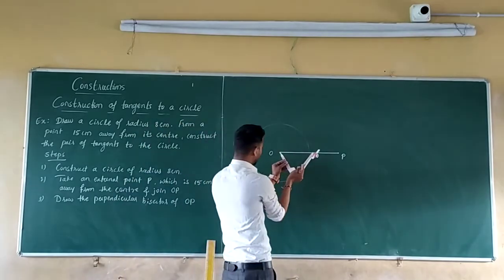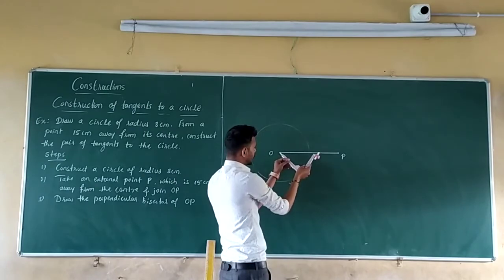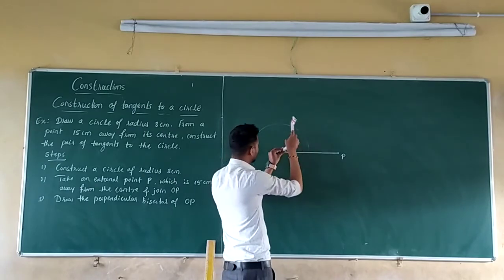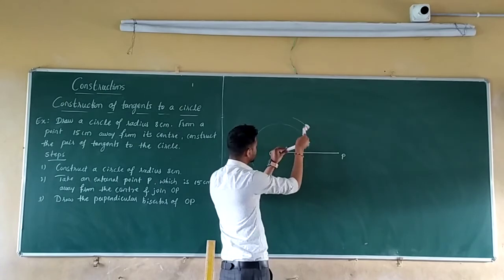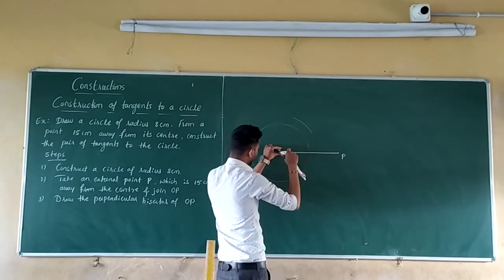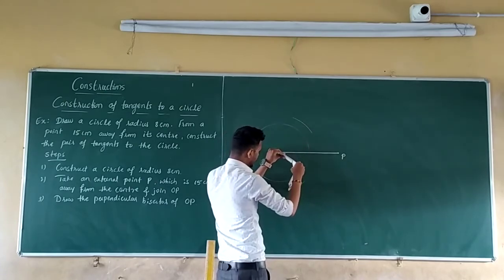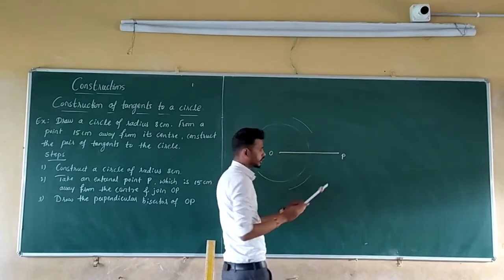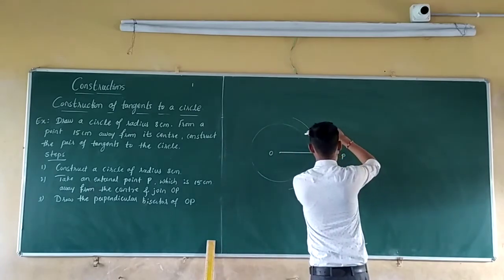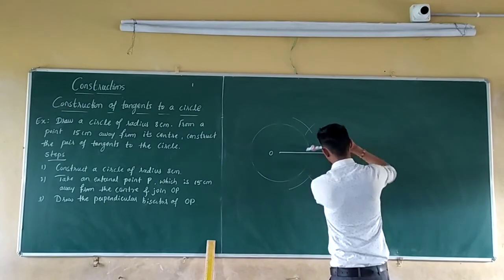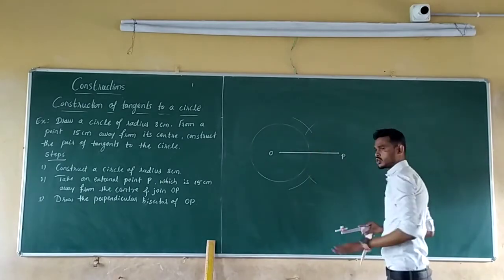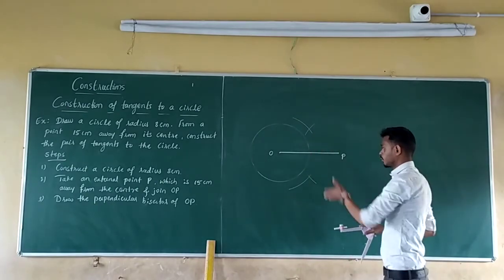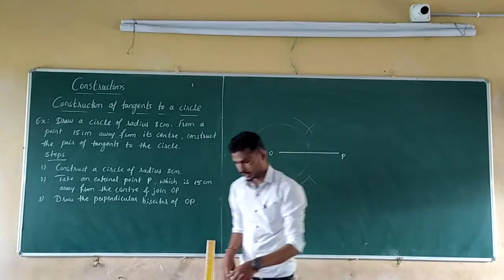Just take more than half the length of this line segment, draw the arcs from both the points at the top and the bottom, and where these two arcs intersect, draw the line from that.